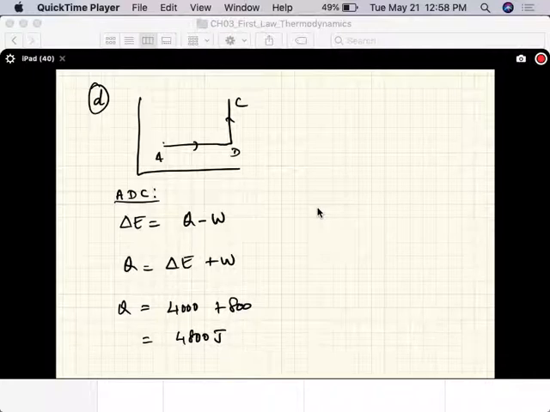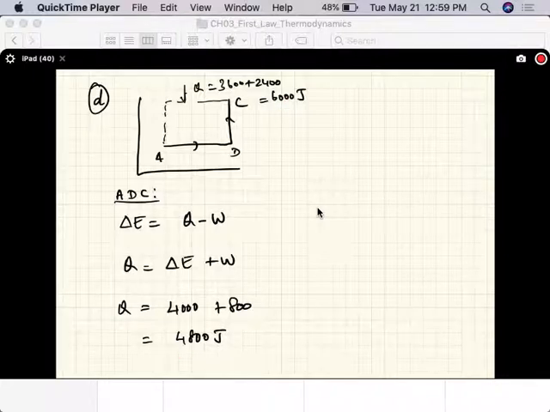And remember, along the other path, the heat added was 3,600 plus 2,400, equal to 6,000 joules. So along that path you added 6,000 joules, but along this path, you added 4,800 joules. So again, the whole point of this problem is we are showing you work done and heat added are different along different paths, but the change in internal energy is the same. Okay.